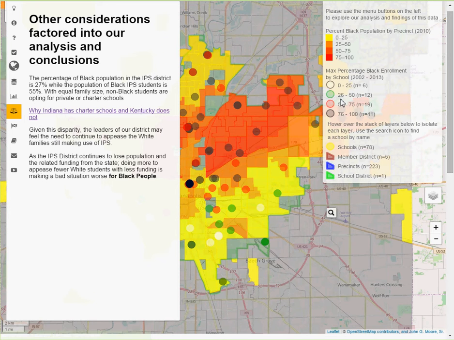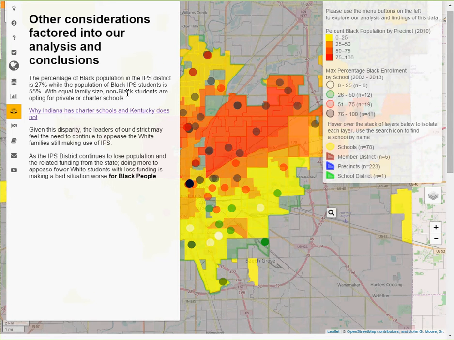So as we look at this maximum percentage by enrollment for each of these schools, generally speaking across the board, they should all be red dots, but we see that they're not. So that's a confounding factor in how we determine if there is disparity in the school district.